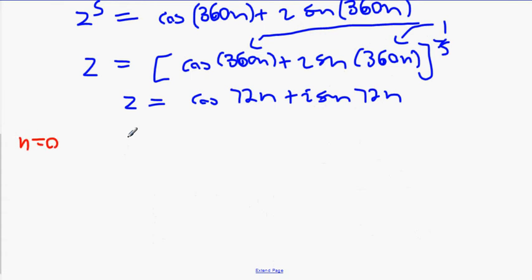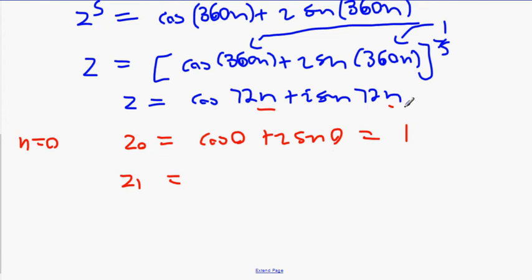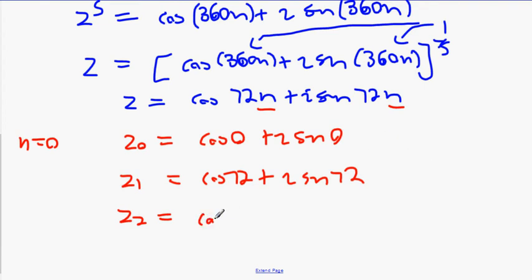0. You find out what z0 is. z0 equals cos 0 plus i sin 0, and that equals 1. z1, where n is equal to 1, is cos 72 plus i sin 72. z2, I want it in polar form, excuse me, keep it in polar form this time, is cos 144 plus i sin 144.